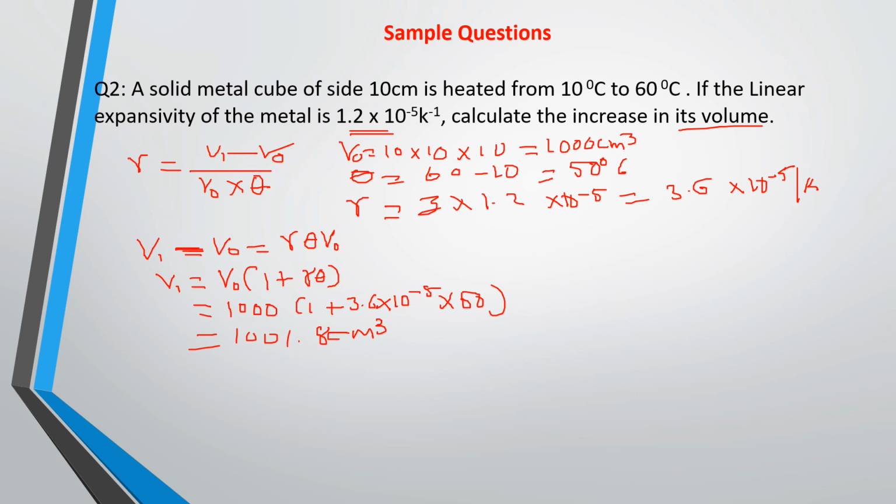So the change in volume, which is V1 minus VO, is equal to the increase in volume, which is 1001.8 minus the initial volume. If you subtract that, you are going to have 1.8. So 1.8 is the increase in volume for this. Just see how these problems are solved so that you can be able to solve your own. Check your textbooks, check your past questions and answers so that you can solve more problems.